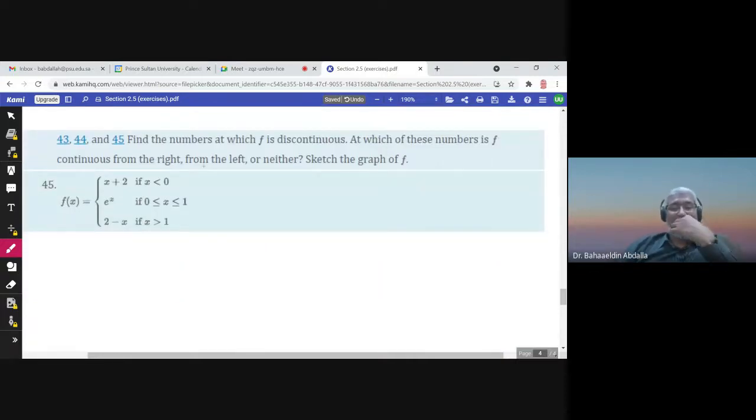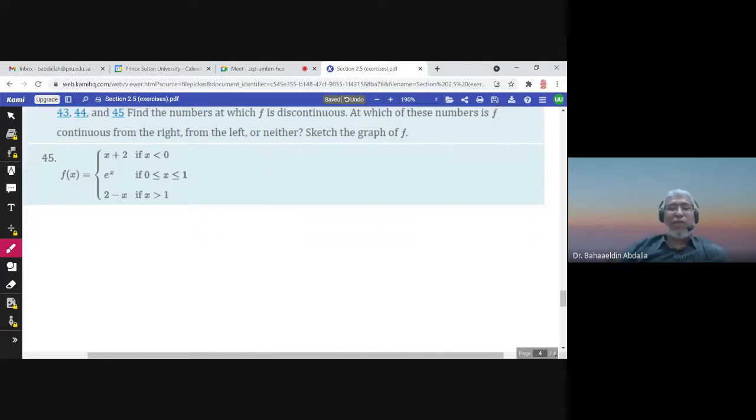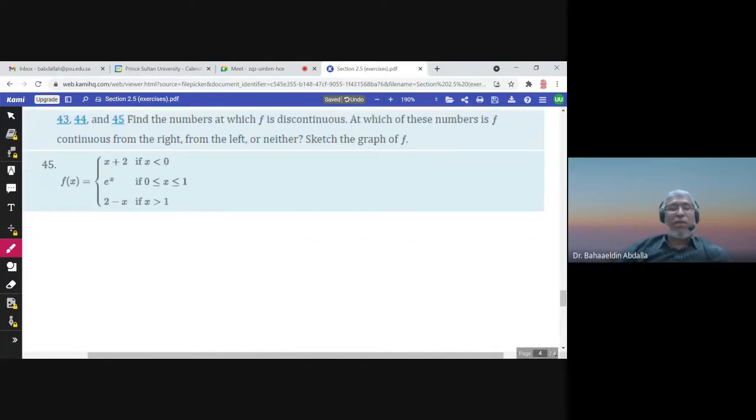Find the numbers at which f is discontinuous. At which of these numbers is f continuous from the right, from the left, or neither? Sketch the graph of f. Okay. I have to check at 0 and at 1. So the limit when x approaches 0 from the right of the function f of x, for x greater than 0, I'll use e to the power x. e to the power 0 is 1, so the limit is 1.